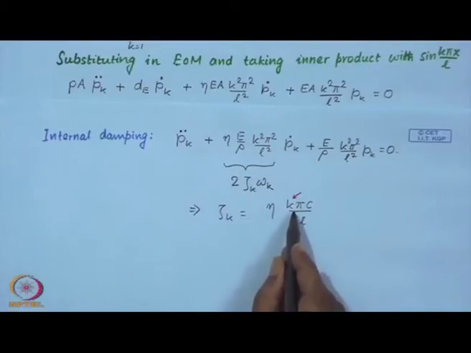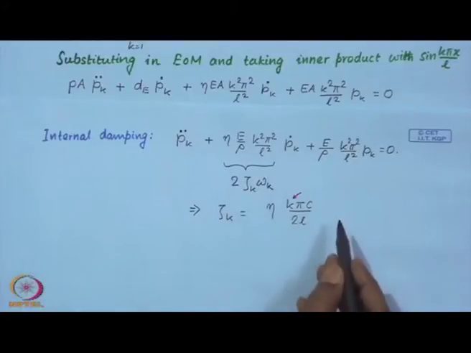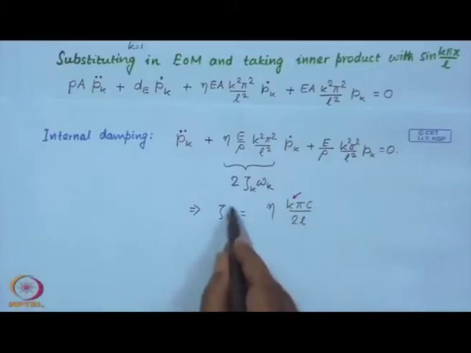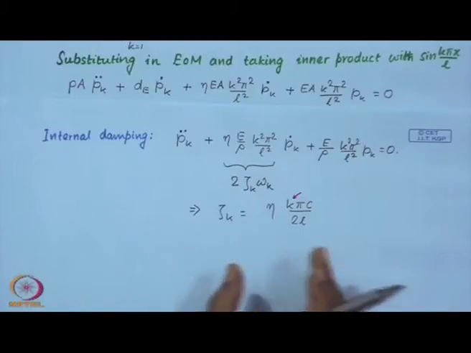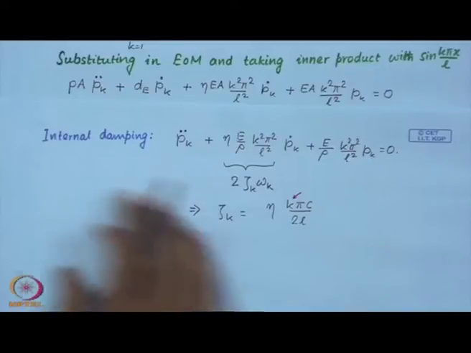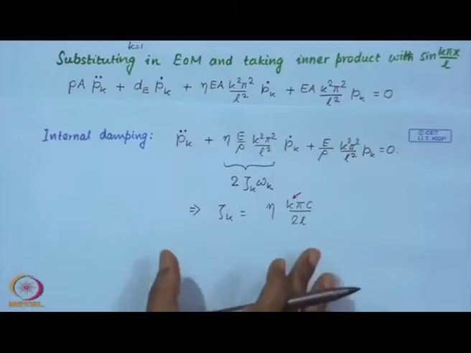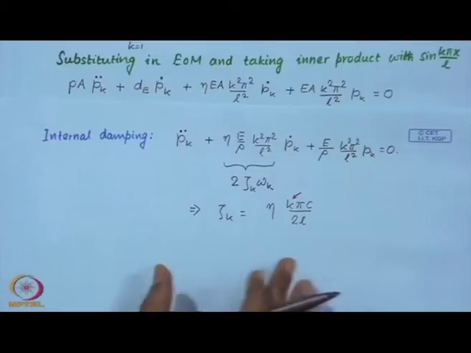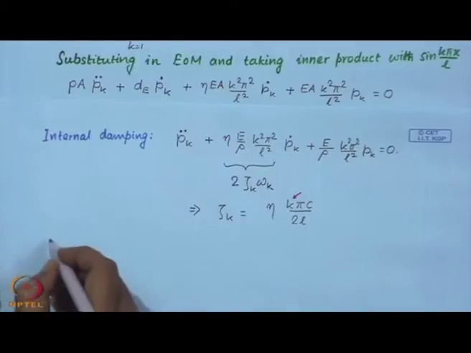Therefore, for higher modes, higher values of k, zeta k goes higher. So, which means higher modes have better damping because of internal dissipation. So, internal damping is more effective for higher modes, while external damping is more effective for lower modes.